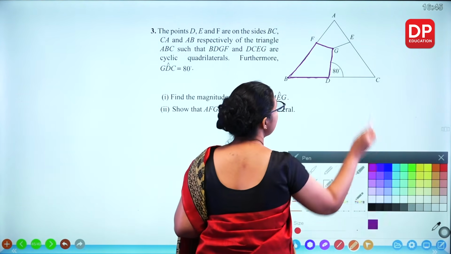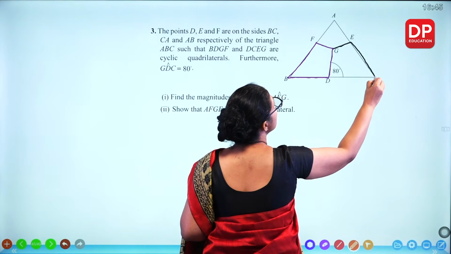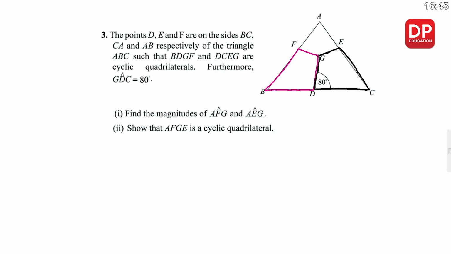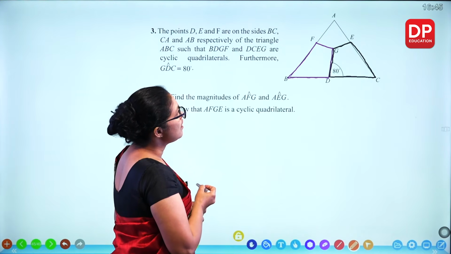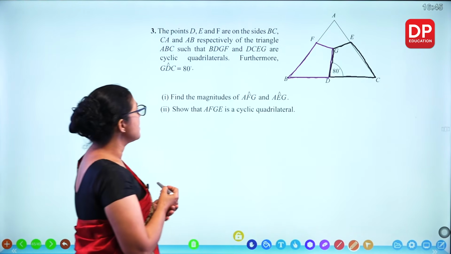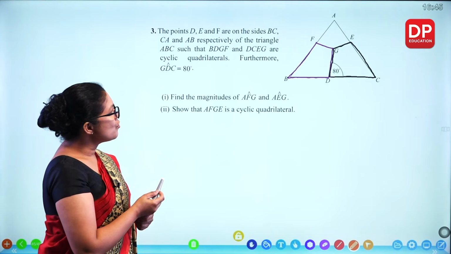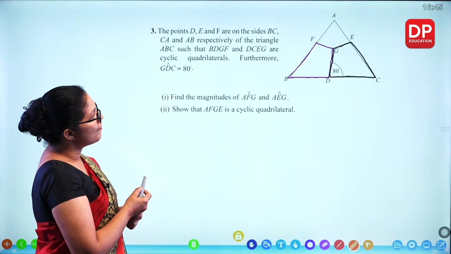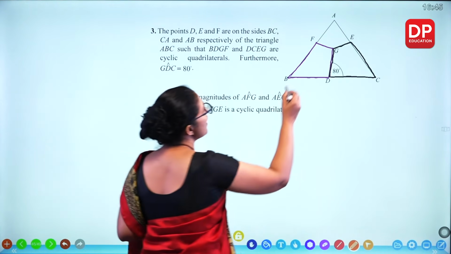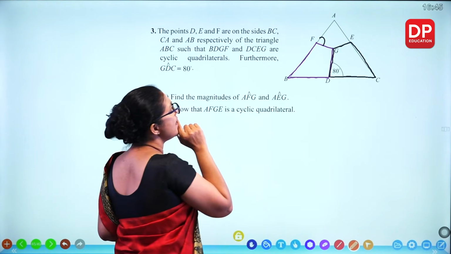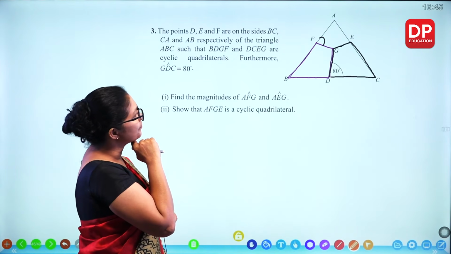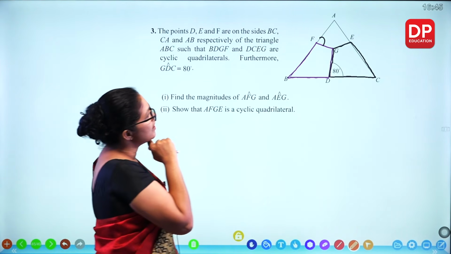Furthermore, GDC is 80 degrees. Find the magnitudes of AFG and AEG. So you are asked to find this angle AFG, AEG, this and this.